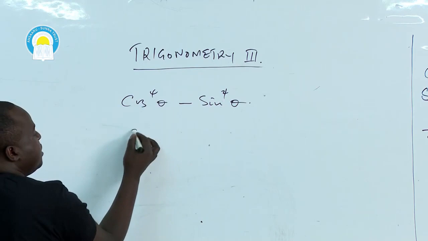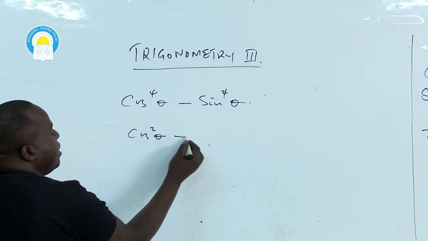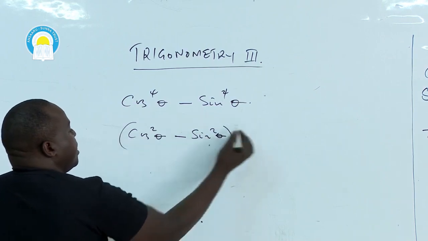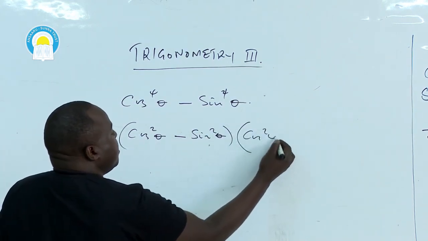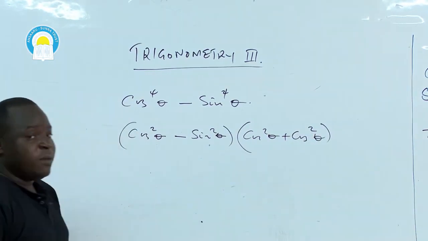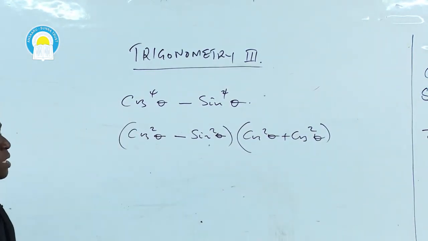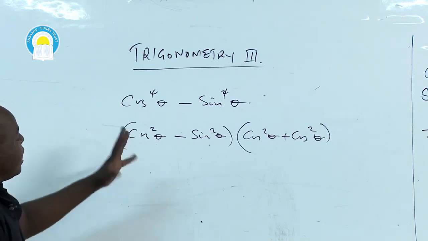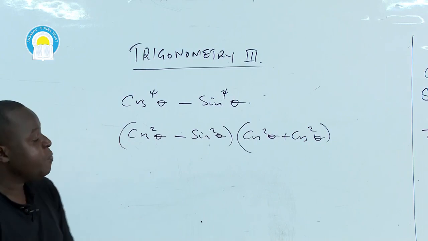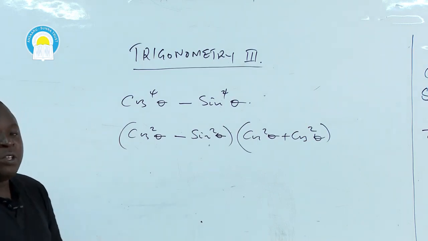The square root of this is cos squared theta. The square root of this is sine squared theta. Then brackets, cos squared theta, repeating the same with now the different sign. So look at it. Anytime you are simplifying, try to look at whether what you have is in the most simplified form, or if there is anything else you can do, you proceed.